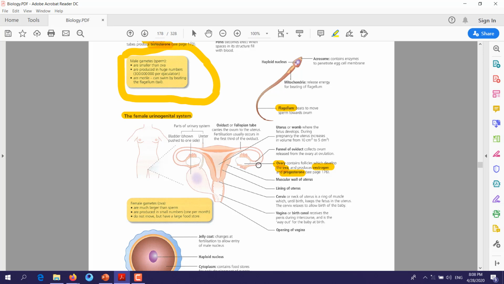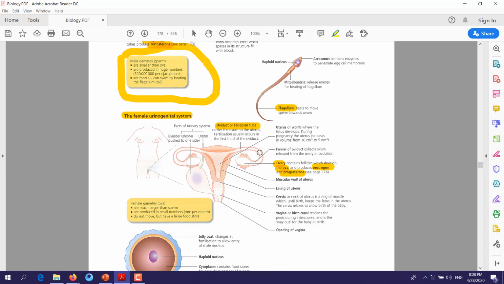Now, after the ovary, what will happen? The produced ova should travel away from the ovary. Where does it go? It will go to the oviduct. This part is the oviduct, or we call it the fallopian tubes. The function of the oviduct or fallopian tubes is to carry the ovum to the uterus.